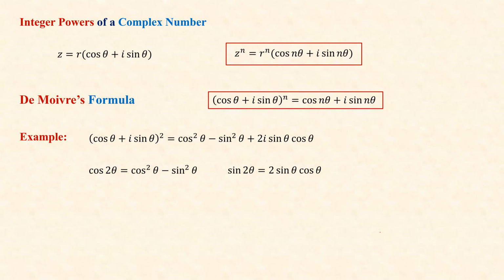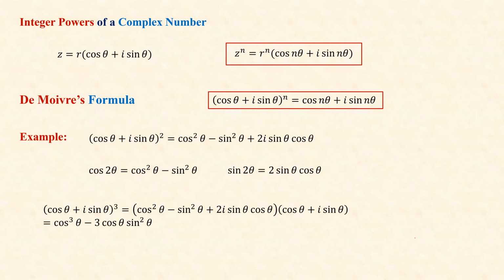And you can do that for the third power. If you write the third power, you see it becomes the second power that we have up there times this one, cosine theta plus I sine theta. And if you do the math, you get cosine cubed theta minus 3 cosine theta sine squared theta as the real part, because the real part becomes this times that minus this times this.